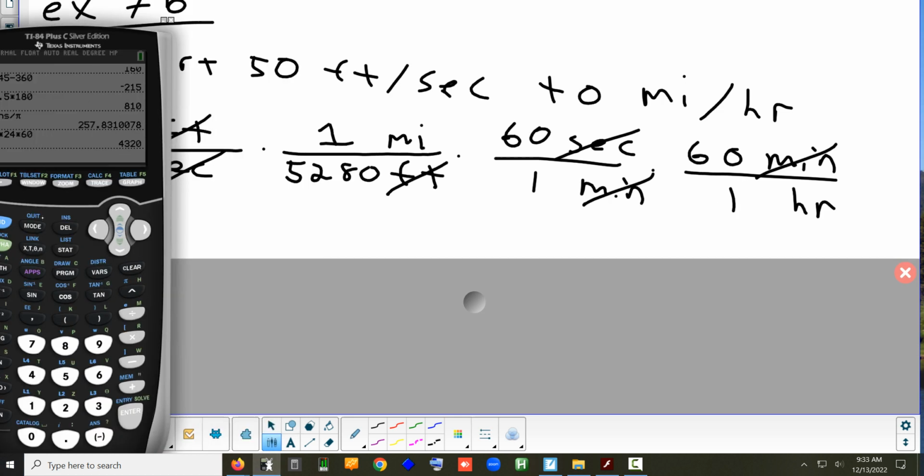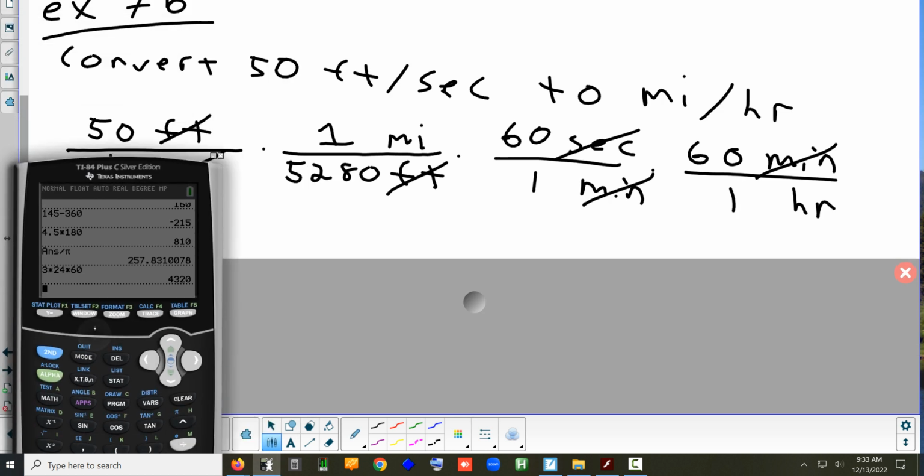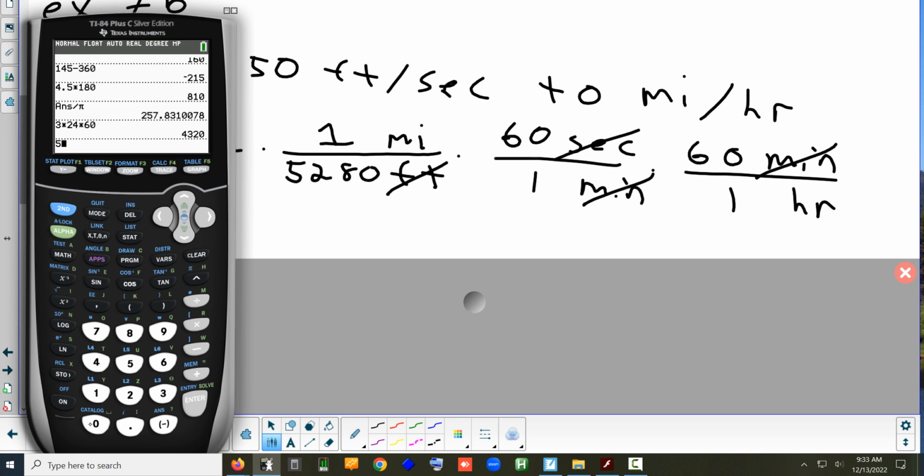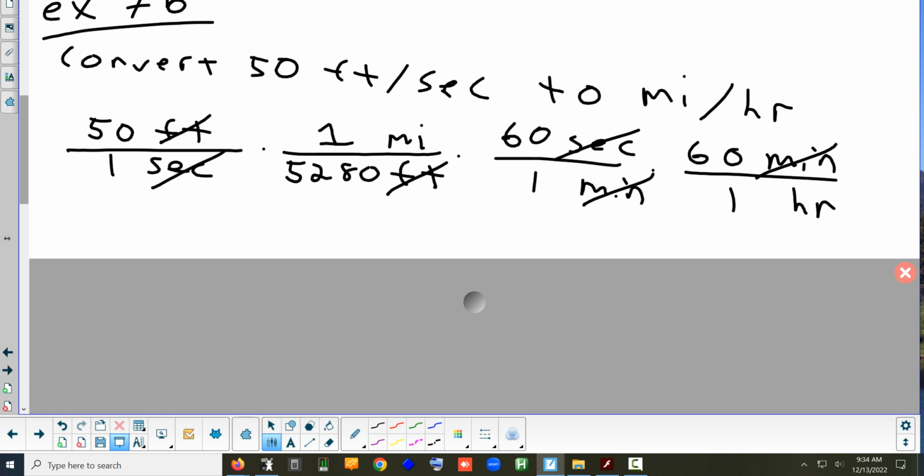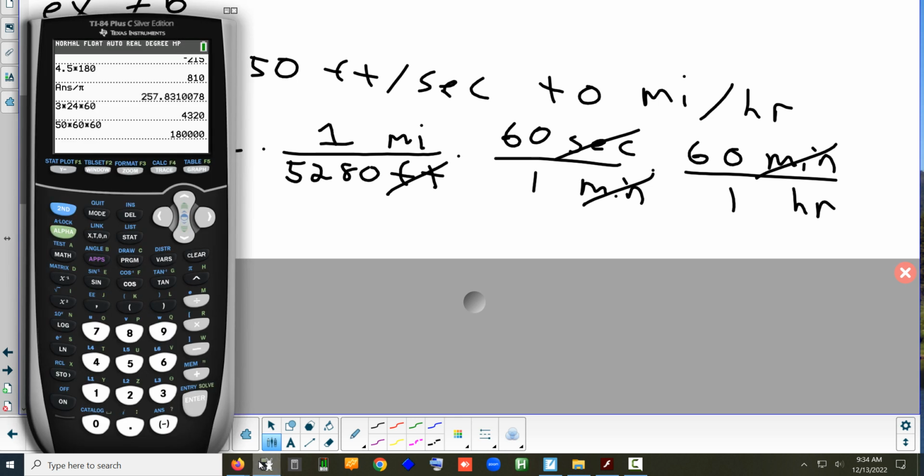Okay, so the way I would type this in, I would multiply everything in the top first. So 50 times 60 times 60. So that's the top. And then divide that by, well, just 5,280.